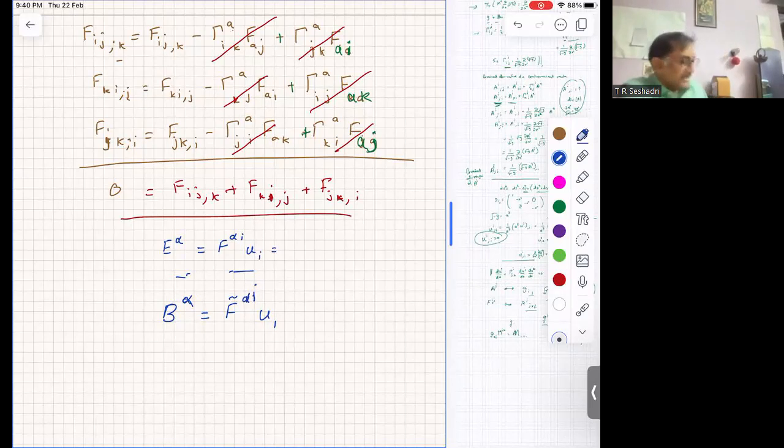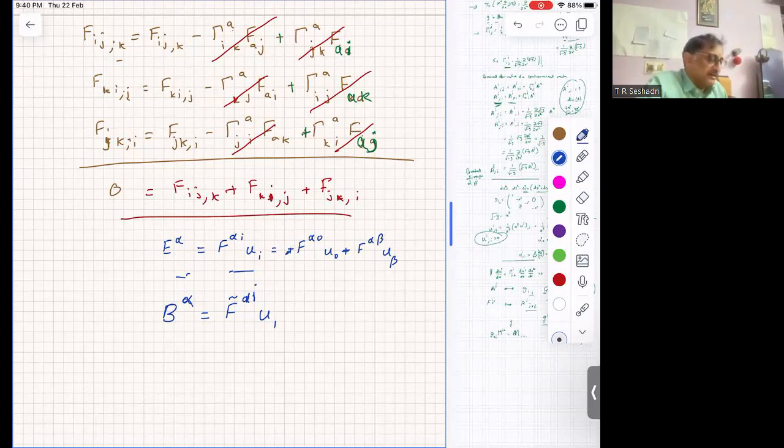So this is equal to minus F alpha 0 u^0 plus F alpha beta u^beta.